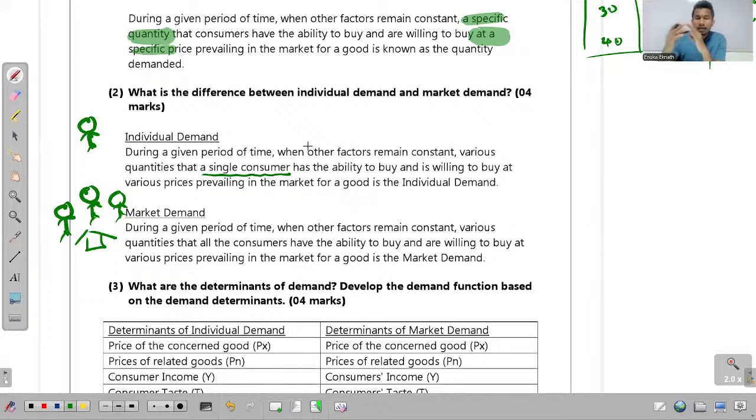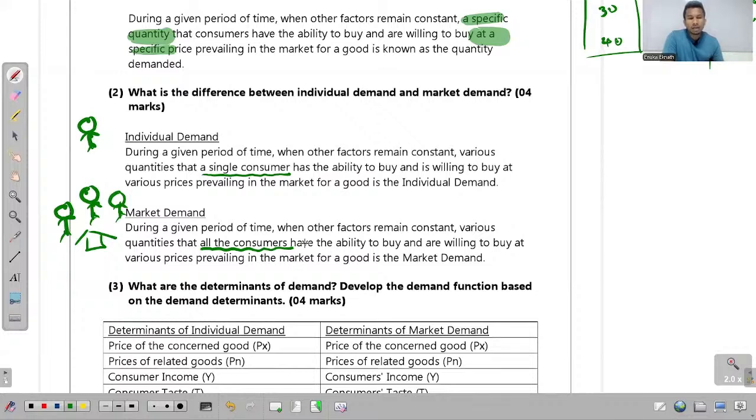Clear? And when I explain the market demand, during a given period of time, when other factors remain constant, various quantities that all the consumers have the ability to buy and are willing to buy at various prices prevailing in the market for a good is market demand. That's in plural. A single consumer in one case, all the consumers in the market in the other.